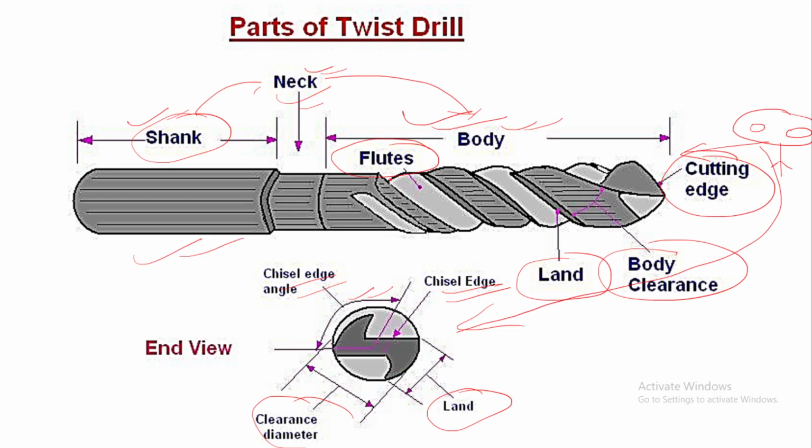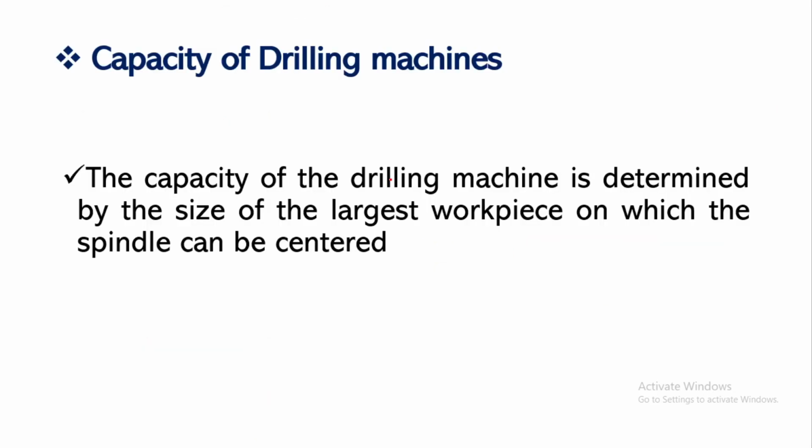So this we have seen, and the capacity. How can you define what this drilling machine is? For example, there are four drilling machines given to you. How can you distinguish them? The capacity of the drilling machine is determined by the size of the largest workpiece on which the spindle can be centered.